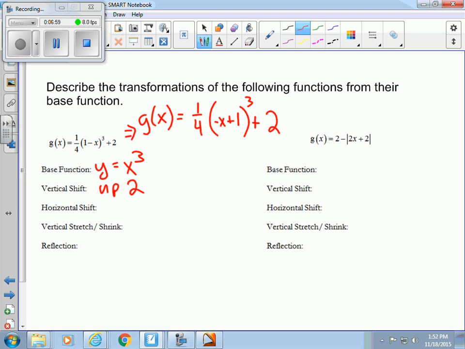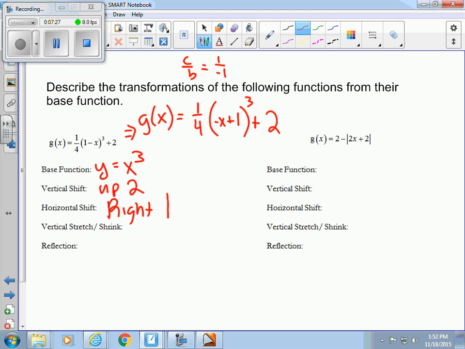Remember, inside moves opposite of what you would think. You would think negative 1 would go left, but it actually goes right. So again, to get that, I did C over B, which was 1 over negative 1. It's negative, so it moves right. If it were positive, it would move left.